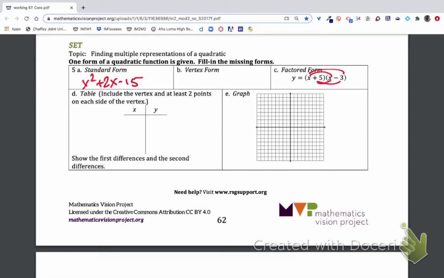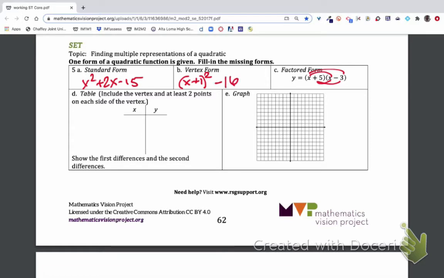Then from there, I need vertex form. For vertex form, I'll take half of my middle term, and when I square it, I end up with 1. The trouble is I need negative 15.